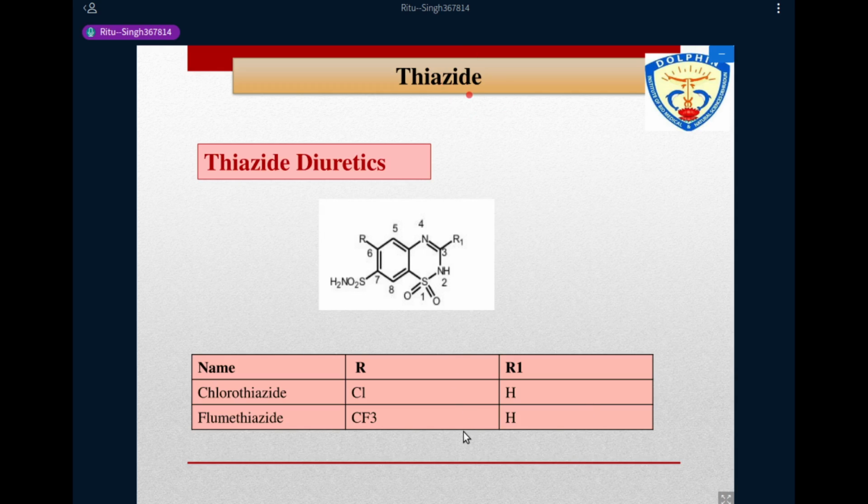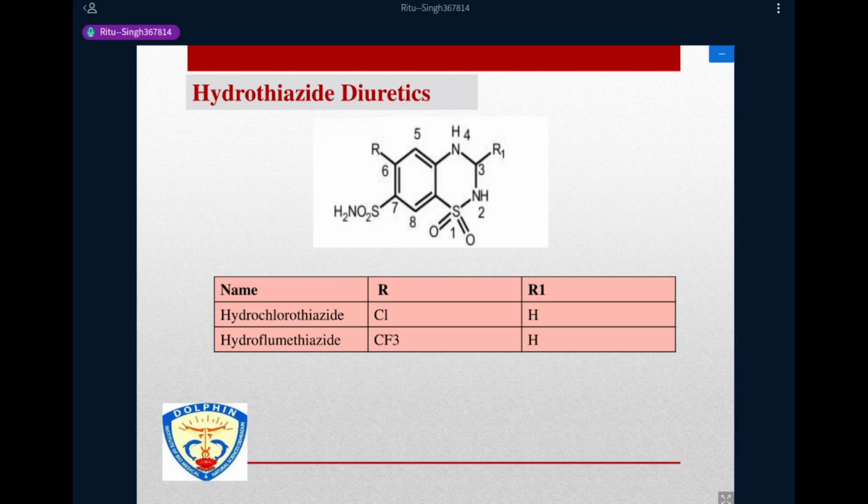But their structures resemble the antibacterial drugs. These thiazide drugs are divided into two categories: thiazide diuretics and hydrothiazide diuretics.